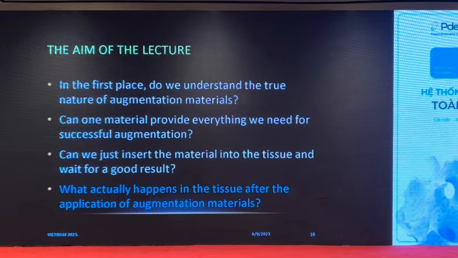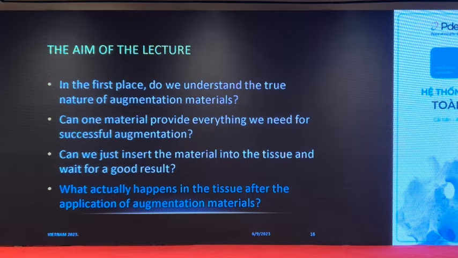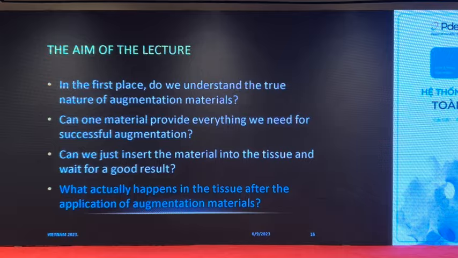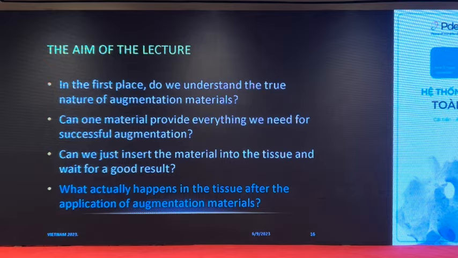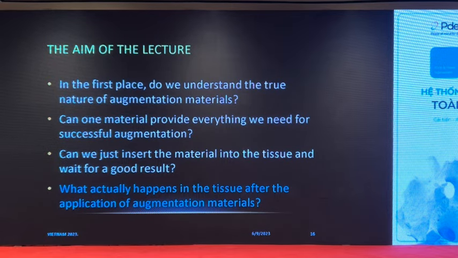In the first place, I try with this theoretical part of the lecture to explain what is the aim of this different approach in dentistry. In the first place, do we understand the true nature of augmentation materials? Then, can one material provide everything we need for successful augmentation?